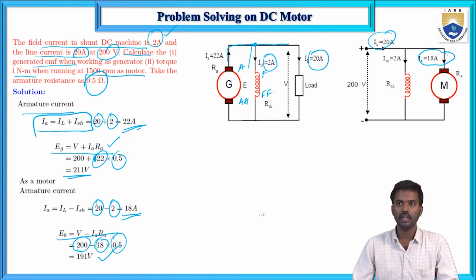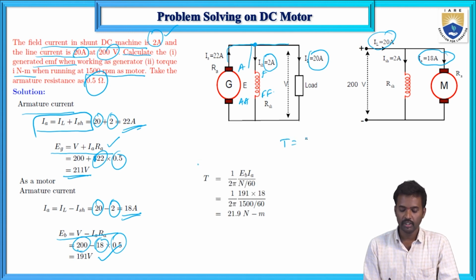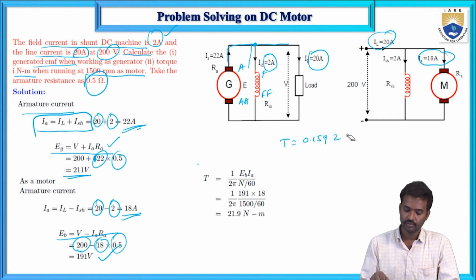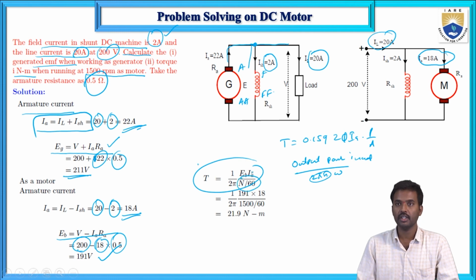And next, the torque. The actual formula is T equals 0.159 Z phi IA into P by A, or another formula is the output power in watts divided by omega, where omega equals 2 pi N by 60, with N in RPM.